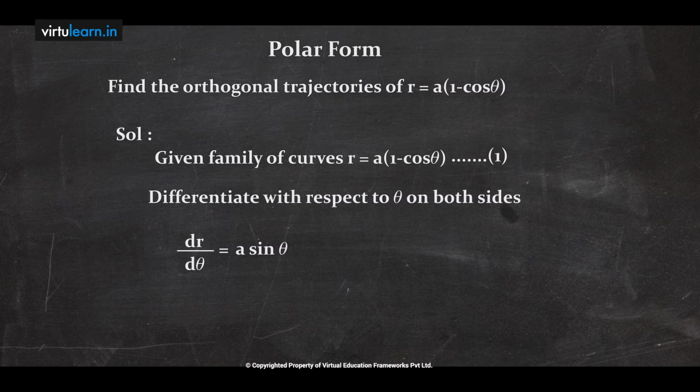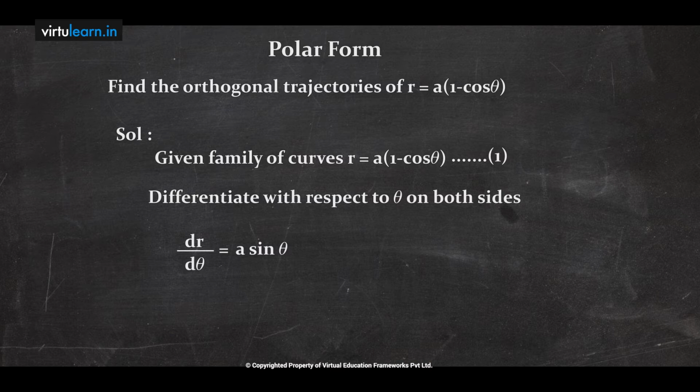Minus into minus becomes plus. Therefore dr by d theta equal to a sin theta. From this we can calculate a equal to 1 by sin theta dr by d theta.